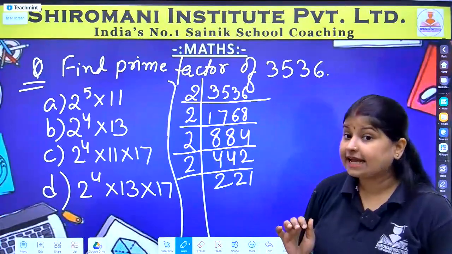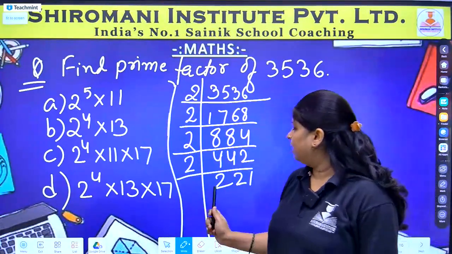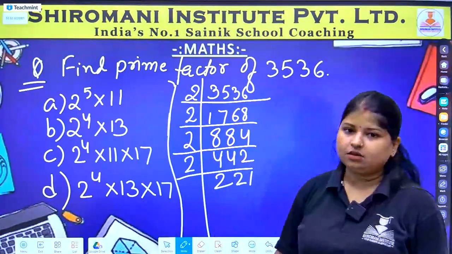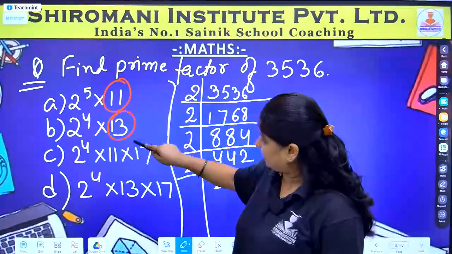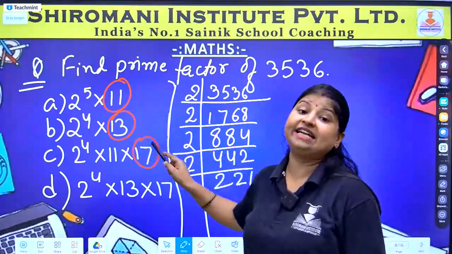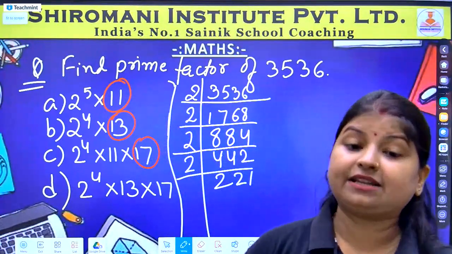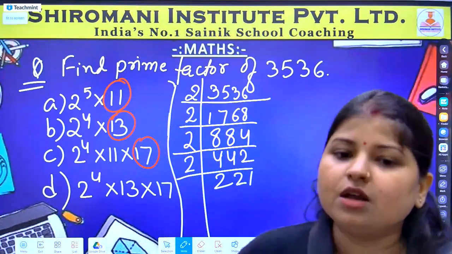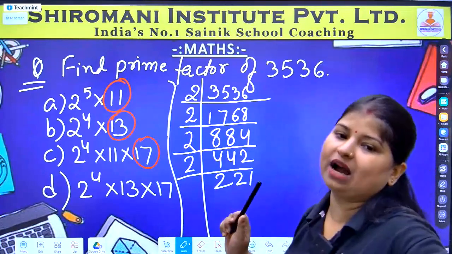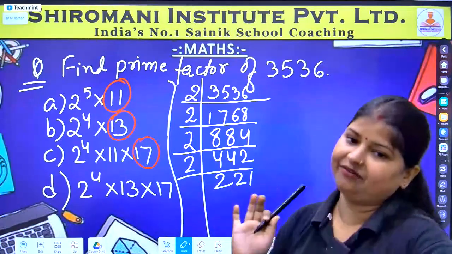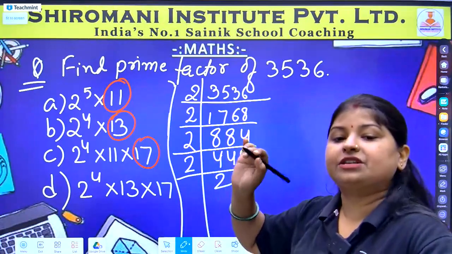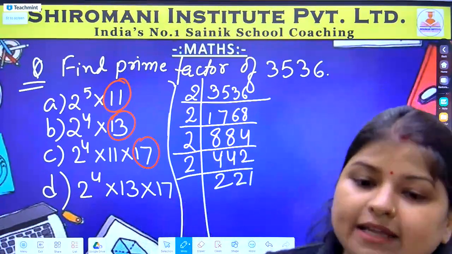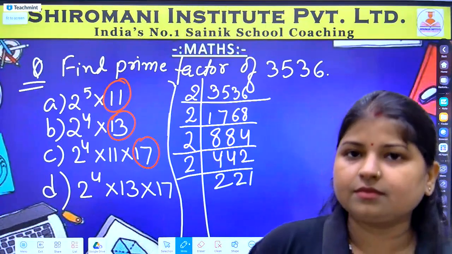That means if I have 221, here I can see 11, 13 and 17. 3 different prime numbers. So for sure this 221, either it is divisible by 11 or it is divisible by 13 or it is divisible by 17, right?